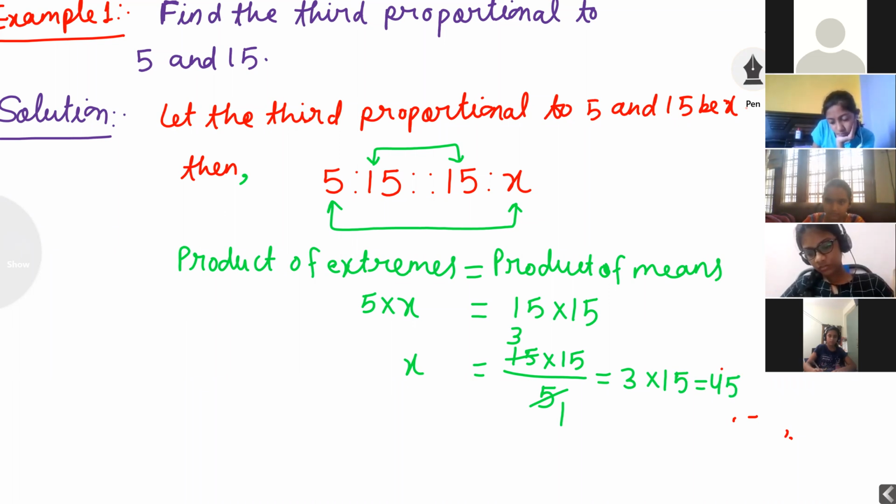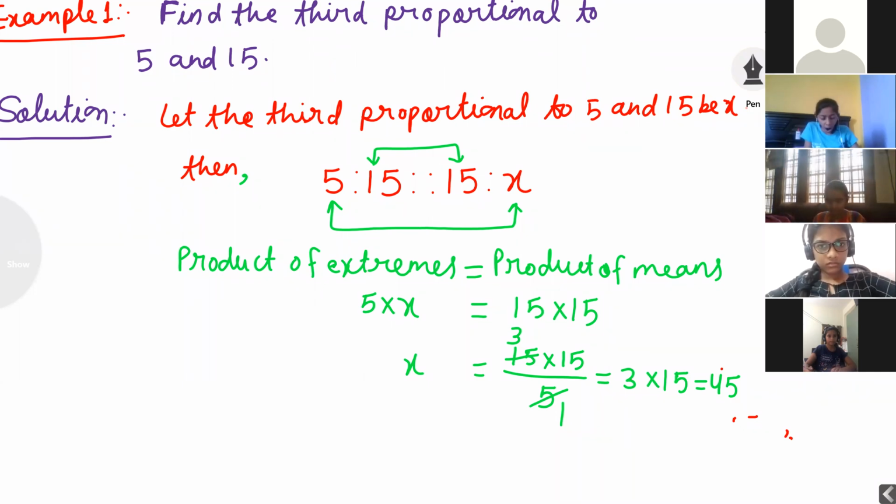Again, listen carefully, students. If the question asks to find the third proportion: first term is to second term, same as second term is to third term. The third term is what we have assumed, x. Again, product of extremes is equal to product of means. But when we are finding mean proportion or continued proportion, first term is to x, same as x is to second term.